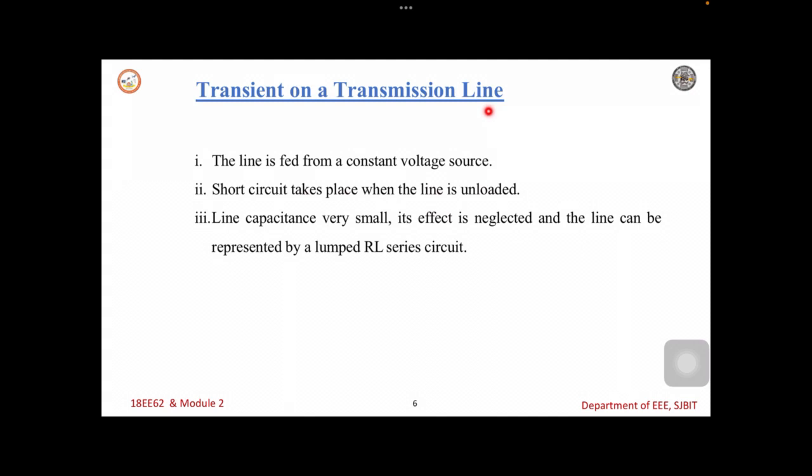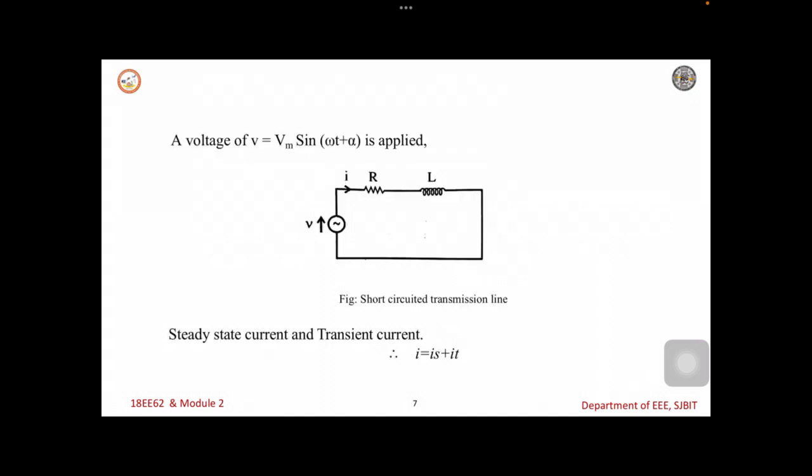We assume that the line is fed from a constant voltage source. It is assumed that the short circuit takes place when the line is unloaded, and since the line capacitance is very small, its effect is neglected and the line can be represented by an RL network. Compared to RL, the line capacitance across this is neglected.